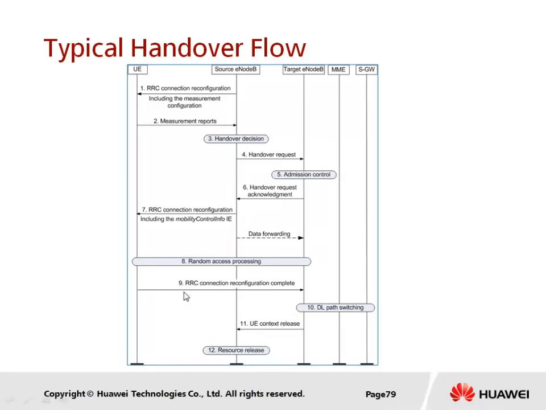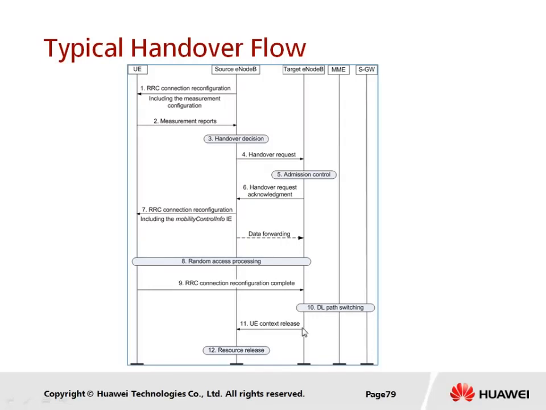If the user has successfully completed the handover, a message called RRC connection reconfiguration complete is sent. Then the target eNodeB sends a downlink path switch request to the MME, and the MME forwards this message to the SGW. This is to switch the S1-U and S1-C.